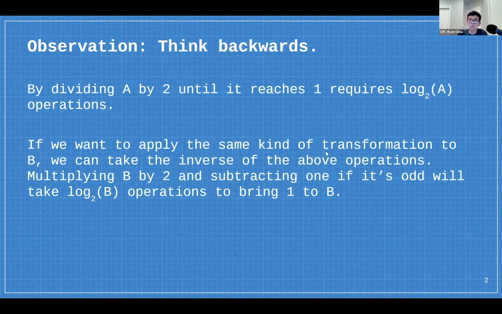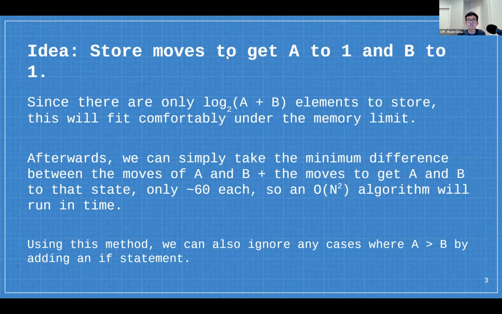If we want to get from 1 to b, we multiply by 2 and add 1. With this logic, we can store the moves to get a to 1 and b to 1. Since there are only log 2 of a plus b elements to store, this fits comfortably under the memory limit. Afterwards, we take the minimum over the moves of A and B plus the moves to get A and B into that state.